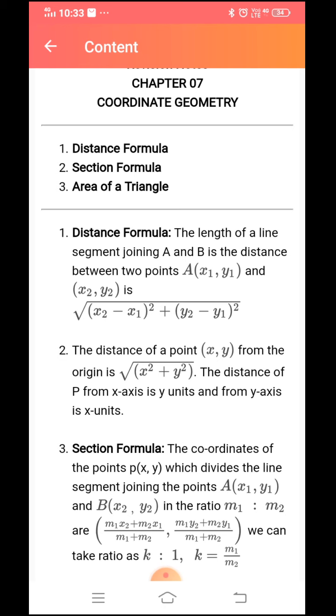Because of how to find the position of one particular object. This was first found by the mathematician René Descartes. That is why the XY plane, we are calling a Cartesian plane. Descartes is his name. Okay.